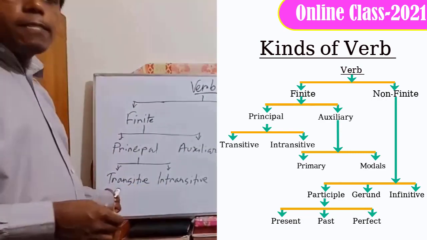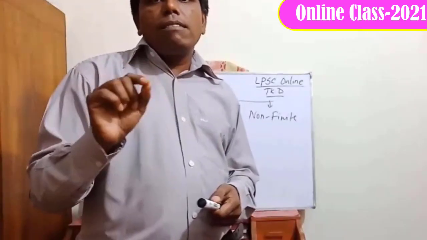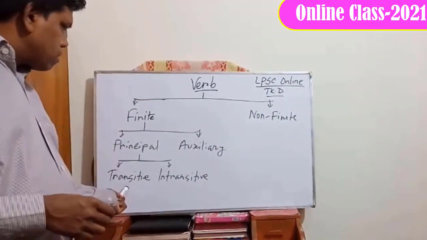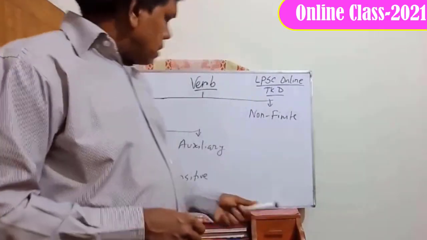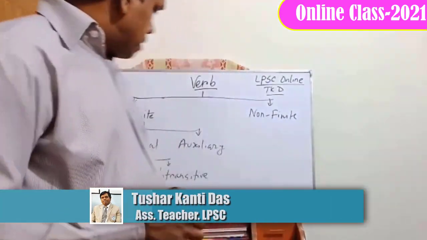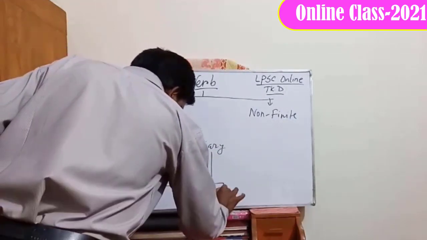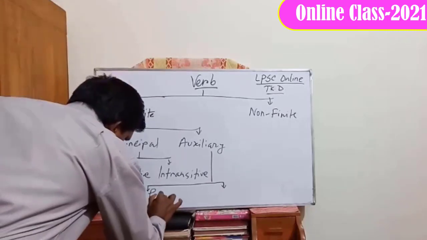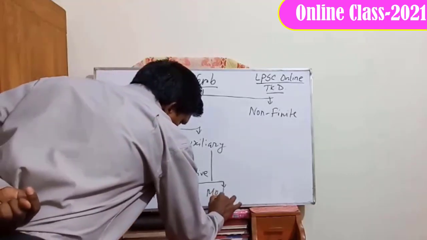Transitive is also a principal verb, but one which has its own object. A verb which has an object is called transitive, and a verb which hasn't any meaningful object is intransitive. Auxiliary verb also has two branches: one is primary auxiliary and another is modals.